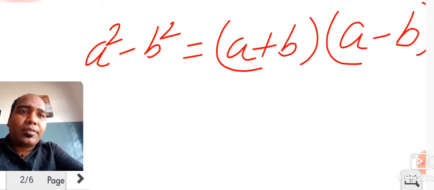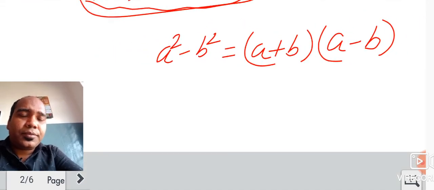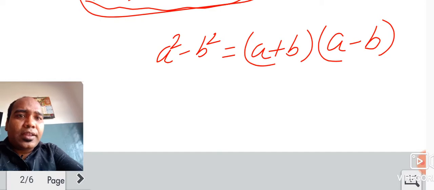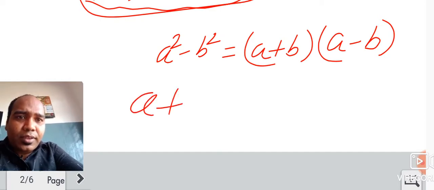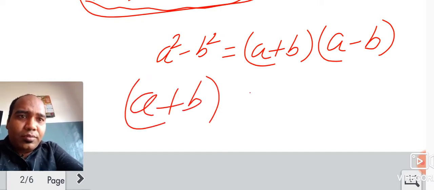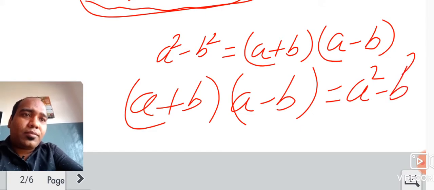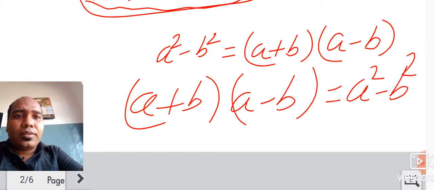This formula we have already discussed earlier, in the previous chapters. Or in reverse also you can write the same thing: a plus b into a minus b, you can write as a square minus b square.